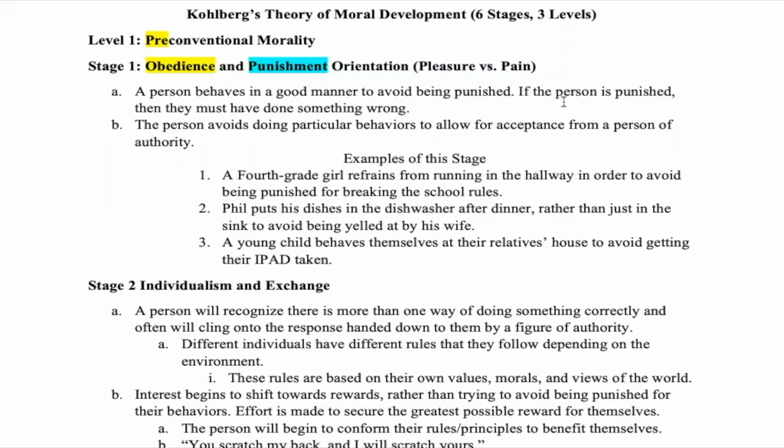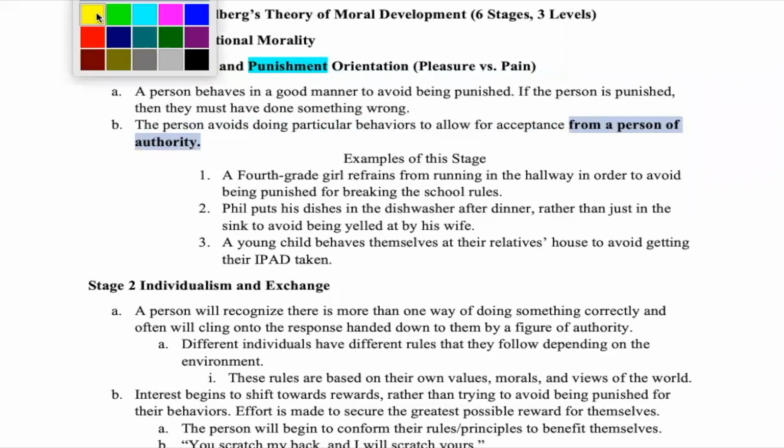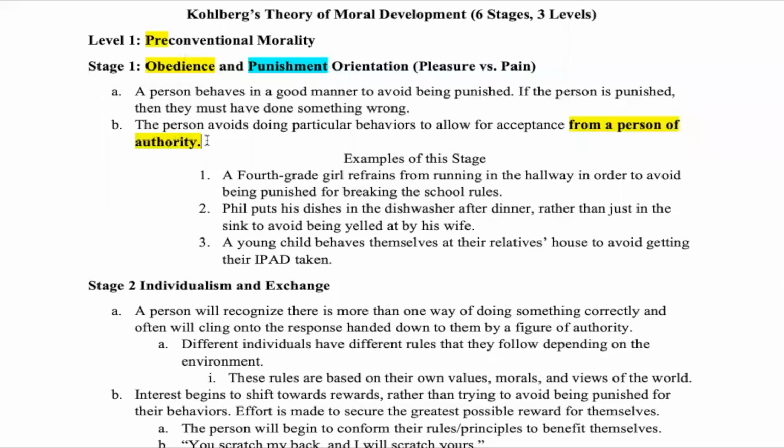So the person avoids doing particular behaviors to allow for acceptance from a person of authority that they know and admire. That's the key attribute there: it's a person of authority in that person's life, not a person of authority in society, because we're in pre-conventional. So it's prior to having a conventional way of conducting themselves in society. They're obedient to a person that they know and or admire in order to avoid punishment from that individual.